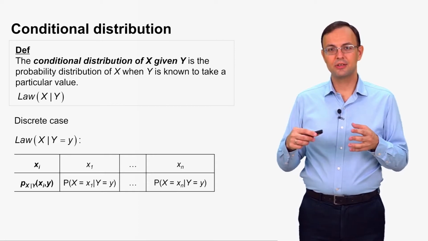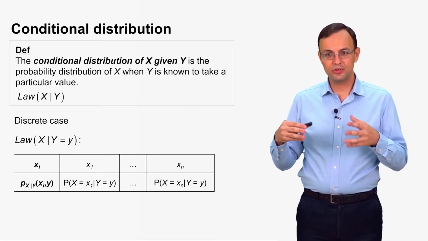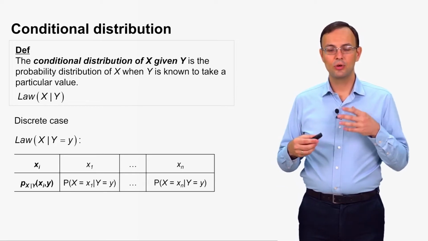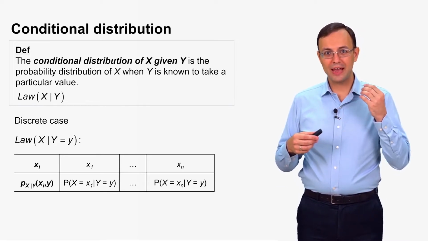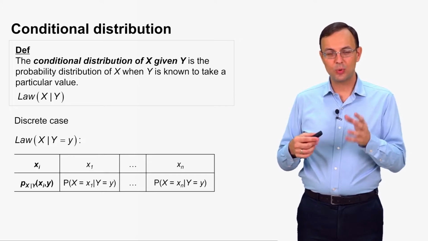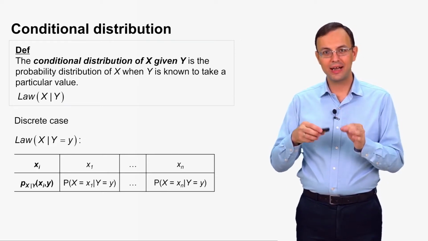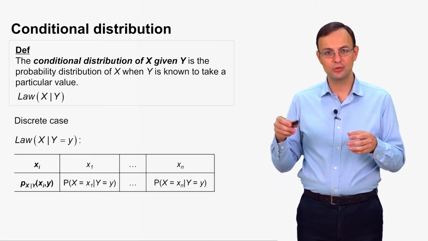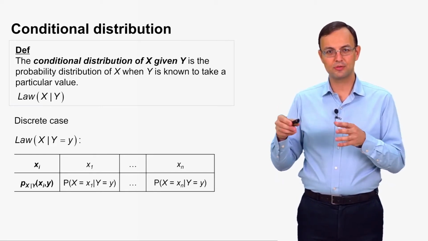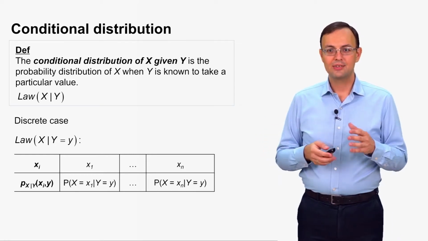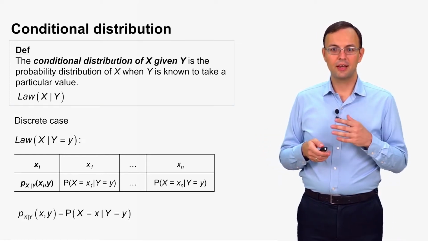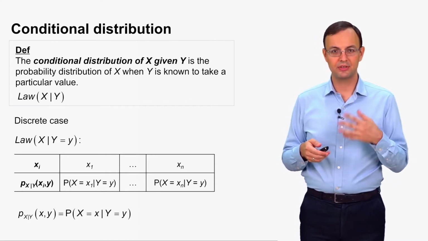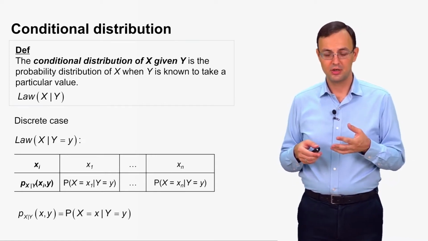And here, they are not the ordinary probabilities, but conditional probabilities. So probability of x being equal to x1 given that y is equal to small y. Then probability of x being equal to x2 given that y is equal to the small y, and so on. So this is sometimes called the conditional PMF, conditional probability mass function.